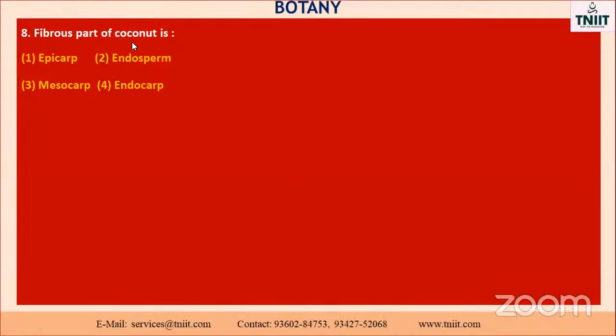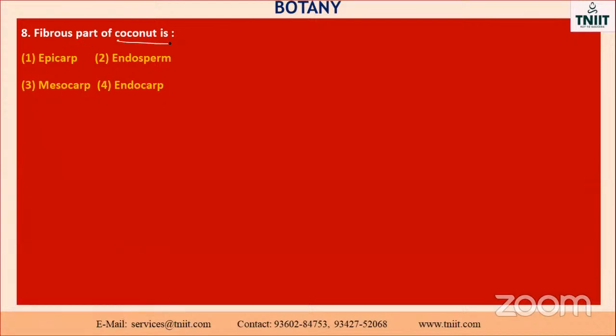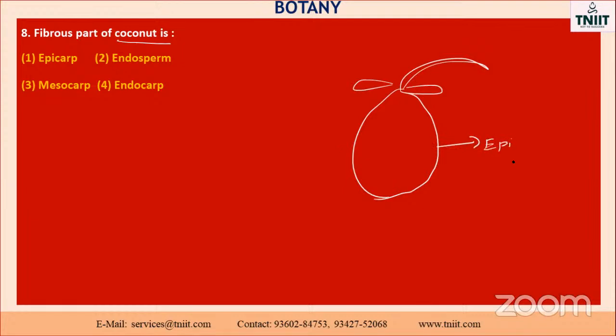Fibrous part of the coconut. Will you please tell me what are the five parts? You know very well about the coconut parts, isn't it? Okay, coconut. So this is called epicarp. Epicarp is the outer part.